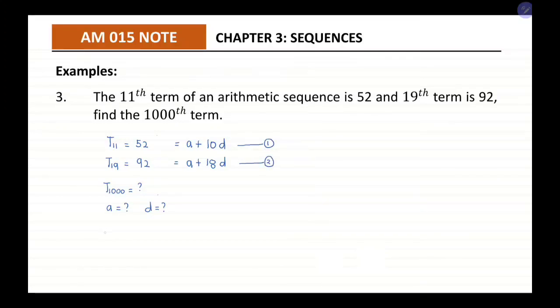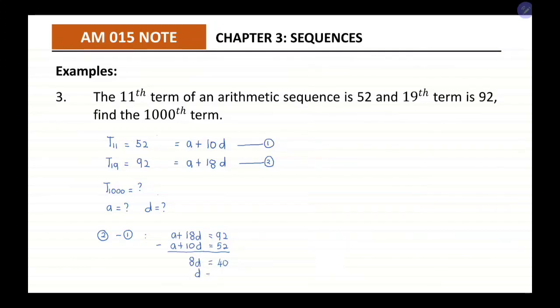Okay, then we take equation 2 minus equation 1. Equation 2 is a plus 18d equals 92. We minus equation 1, a plus 10d equals 52. Then we solve, we get 8d equals 40.